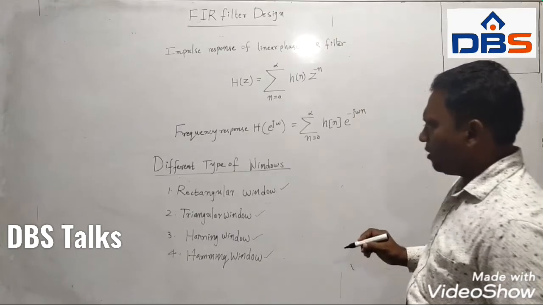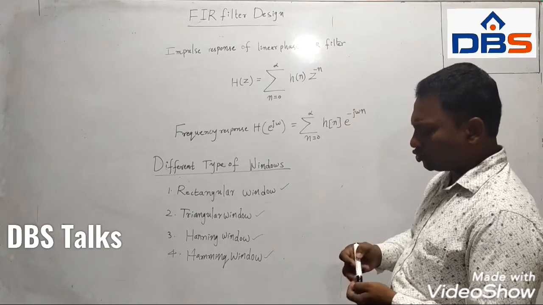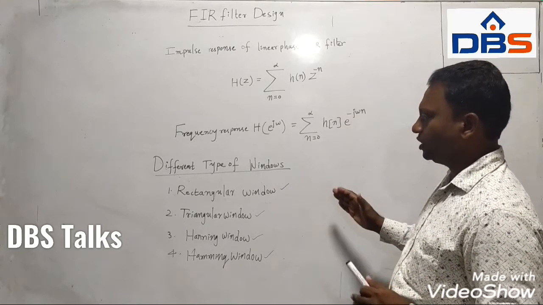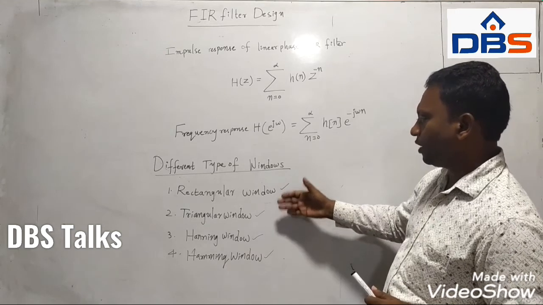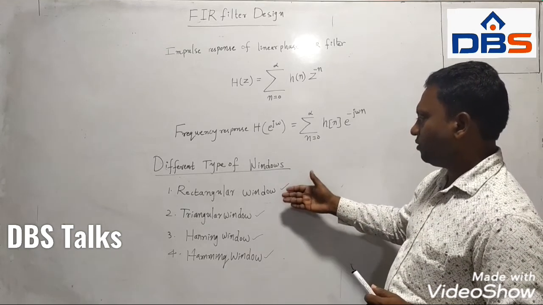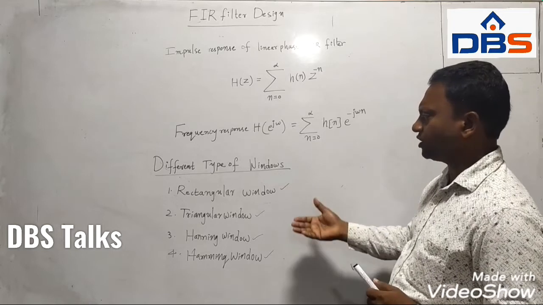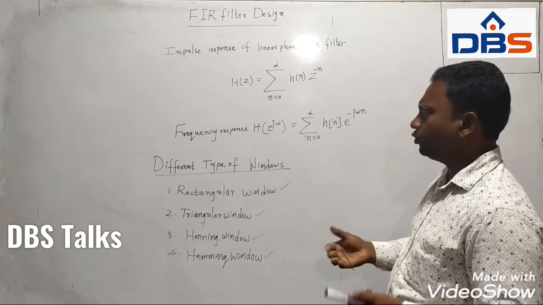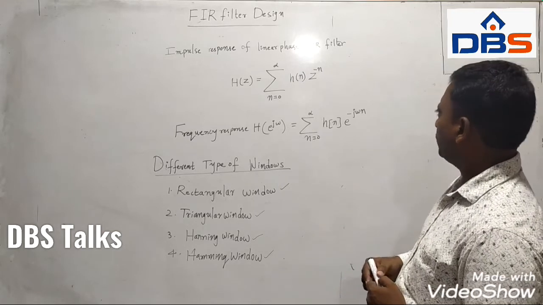These types of windows are used to truncate the infinite impulse response smoothly. Now we are going to see one by one what a rectangular window is, how to use it, and what its frequency response is.